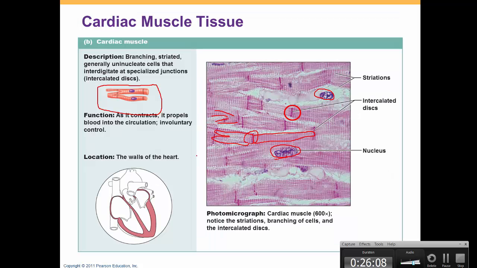However, in the cardiac muscle, you will have a muscle cell here, and then a muscle cell here, and then another muscle cell here, and in between these muscle cells, there are intercalated discs. On these intercalated discs, we have gap junctions that allow the movement of ions between the cardiac muscle cells.